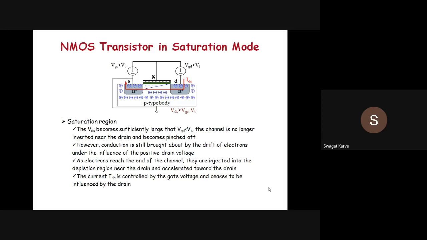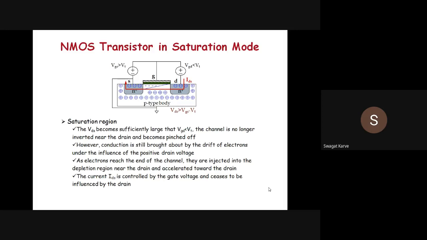If you are increasing VGS continuously, right, then what will happen? Up to a certain point the channel will increase. No problem. In the linear case, up to a typical point your channel will increase and your current will also increase.